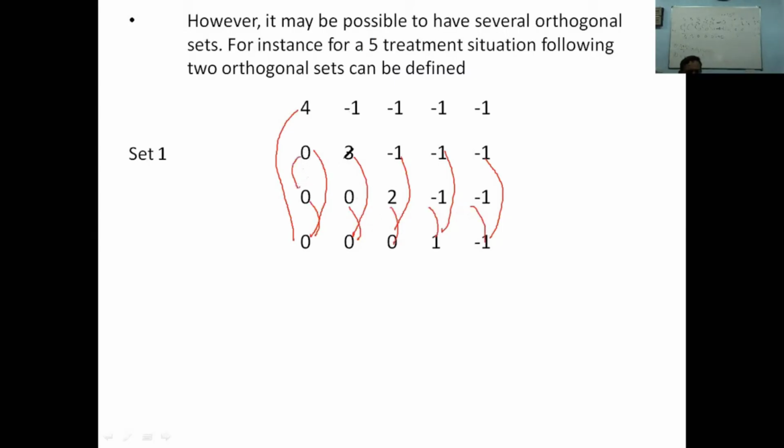Multiply this component and see whether it is satisfying the rule. So it should satisfy the rule. Otherwise, they are not independent contrasts, right? Otherwise, they are not independent contrasts. All right. So this is one set.